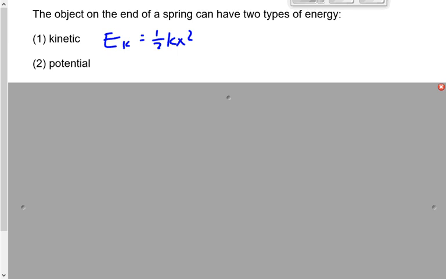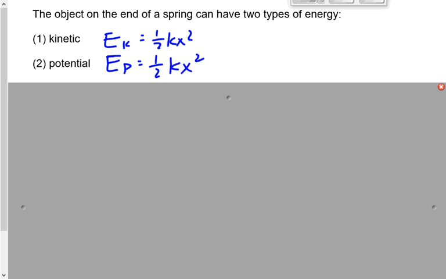The potential energy, on the other hand, there's many different kinds of potential or stored energy. If it's the car at the top of a hill, its potential energy is mgh. If it's an object on the end of a spring that's stretched or compressed, its potential energy is, and this is a new equation for you, 1/2 kx squared.